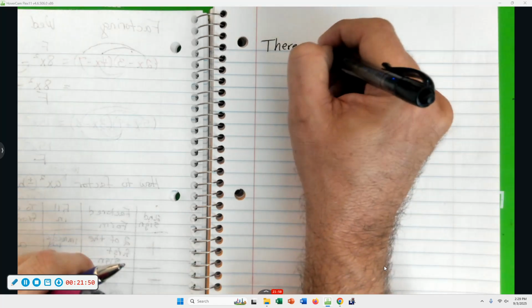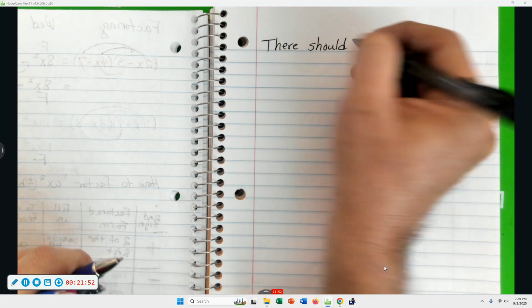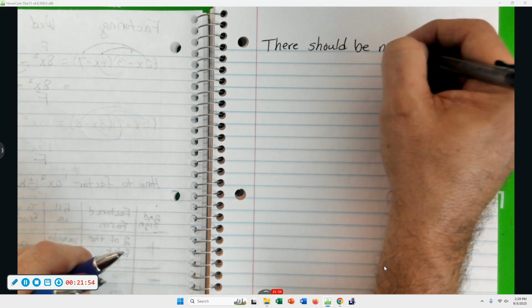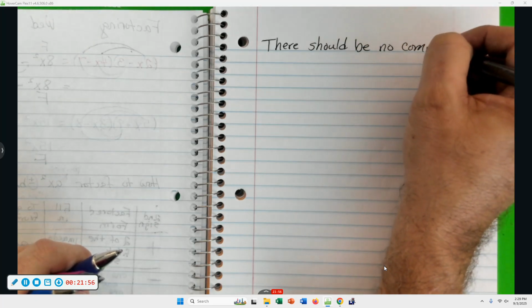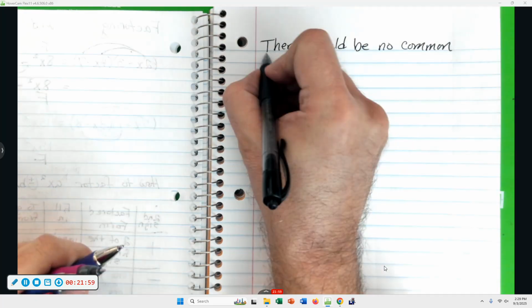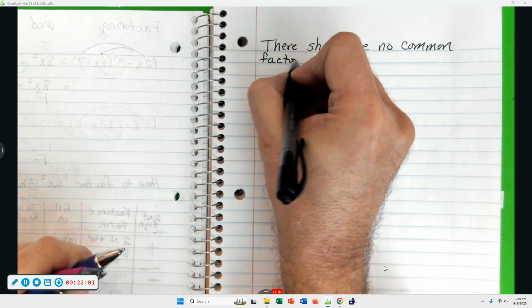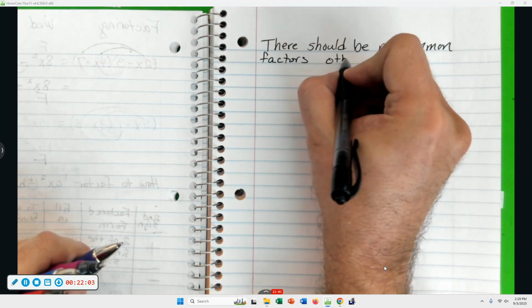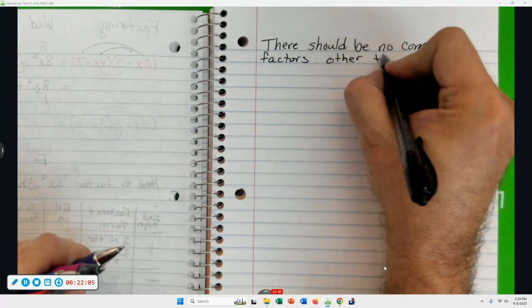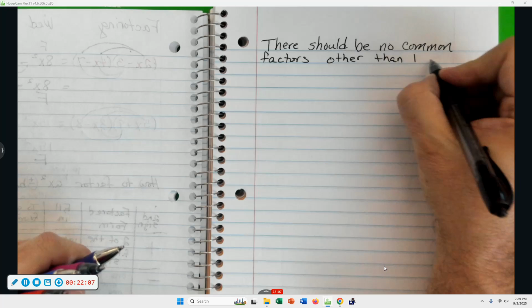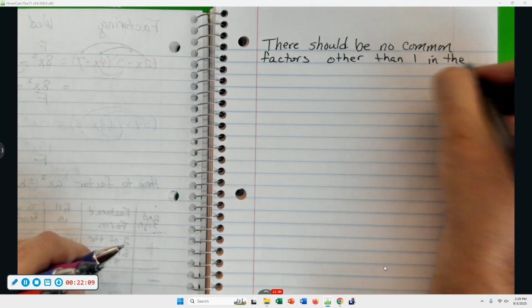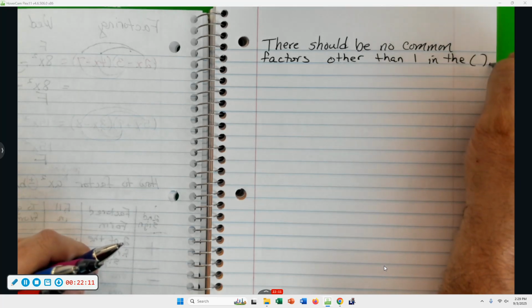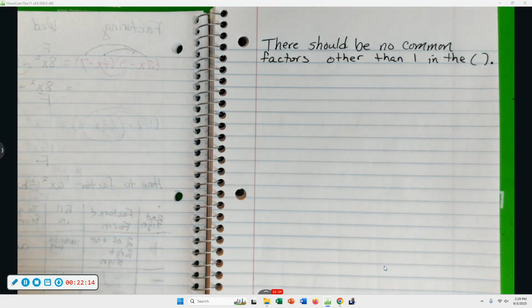If you're doing this correctly, there should be no common factors other than 1 in the parentheses. By a common factor, I mean numbers that divide into it.